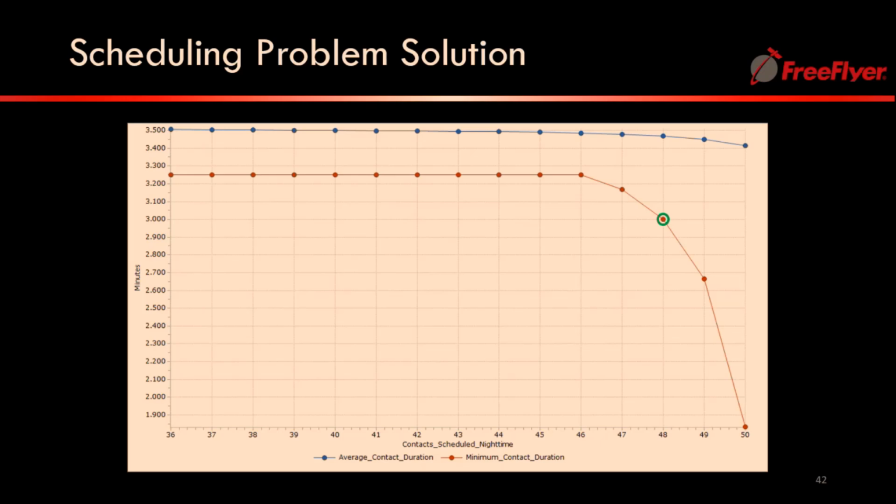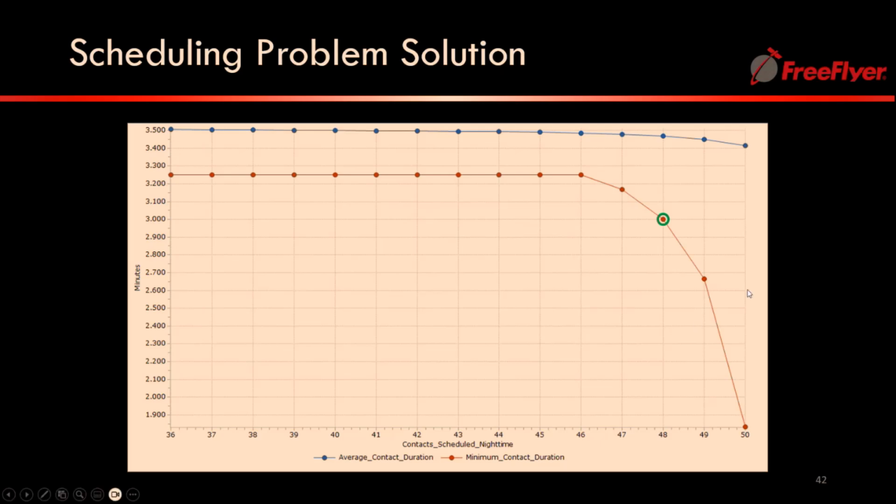I can programmatically, without a human in the loop, run the multi-objective optimizer, solve this problem, get this trade-off front, the Pareto front, and tell the multi-objective optimizer to get rid of all of the solutions that have a minimum contact duration that's less than 3 minutes.